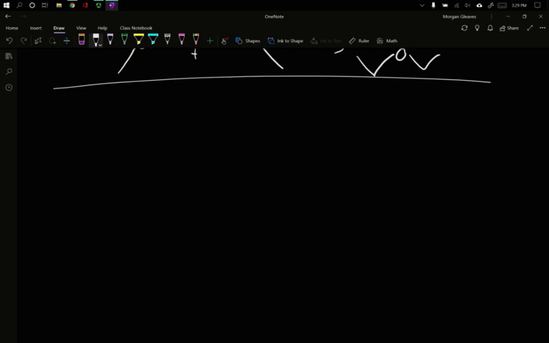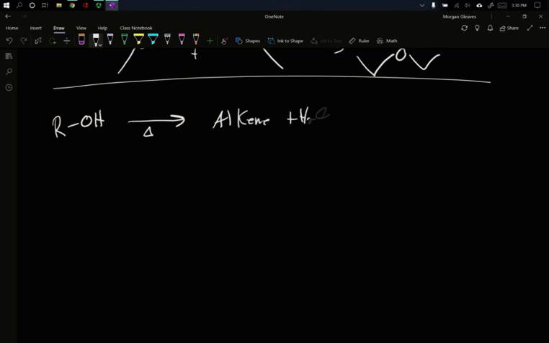In terms of alcohol reactions, there are a few others that we'll see when we talk about esters, but that is the functional groups alcohol themselves can convert into. So your alcohol, ROH, plus heat can become alkene plus water.